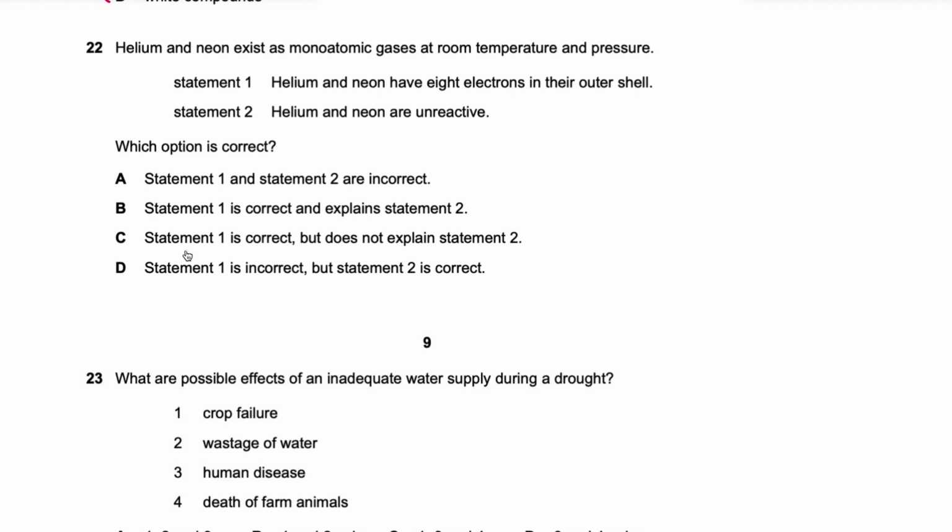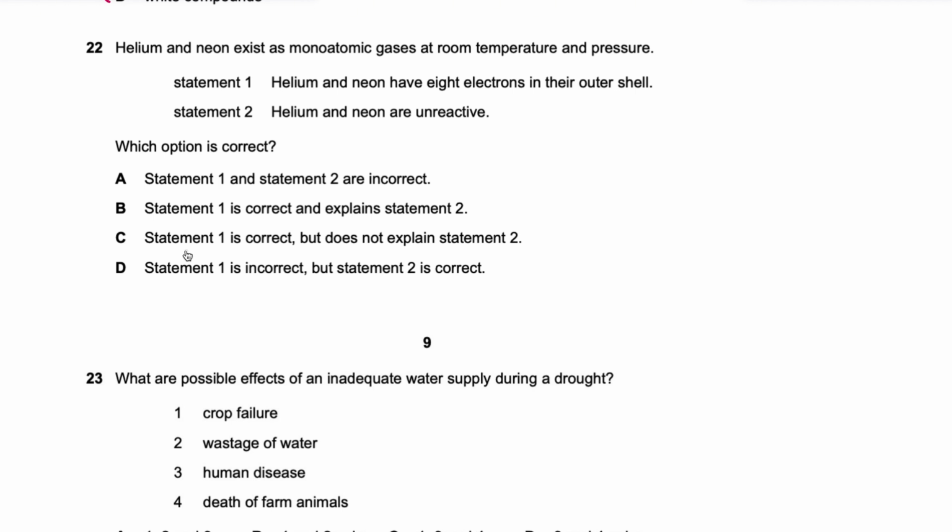Now, let's take a look at two statements. For statement 1, helium and neon have 8 electrons in their outer shell. Helium does not have 8 electrons in the outer shell. Helium only has 2 electrons in the first shell. So statement 1, I think it's not correct.